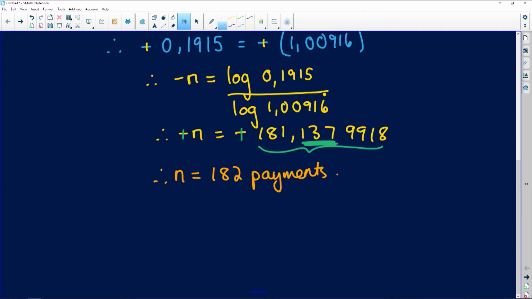What are they made up of? 181 at 10,000 each, and then payment 182 is the payment that is going to be less than the 10,000. That's what the decimal portion is telling you. You cannot take the 182nd payment to be 10,000 because it's not. It's less than 10,000. Else the result would have been 182.